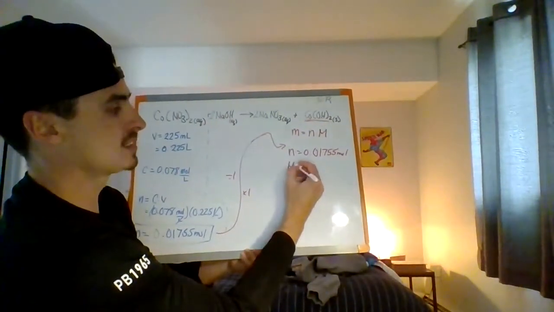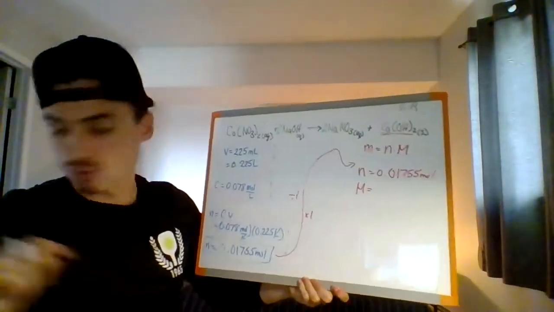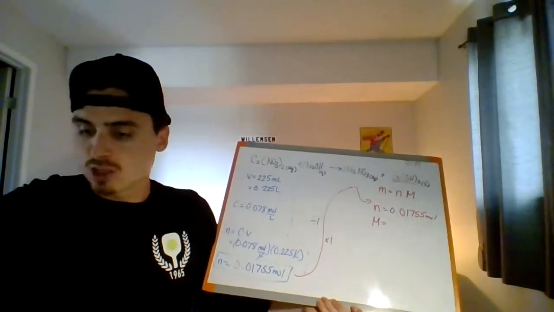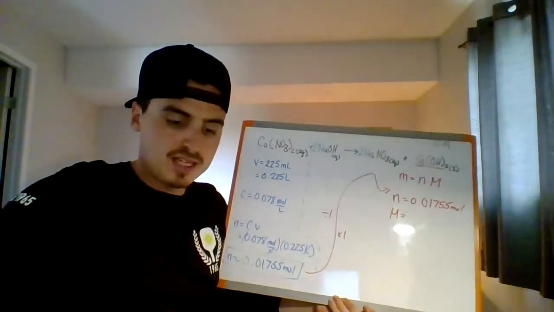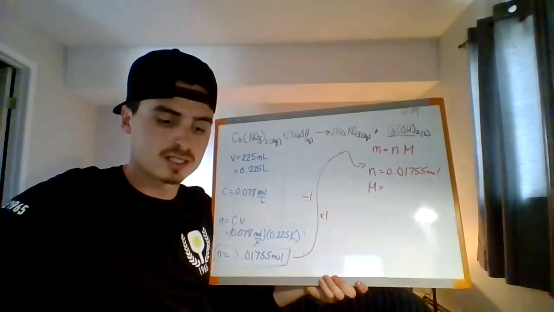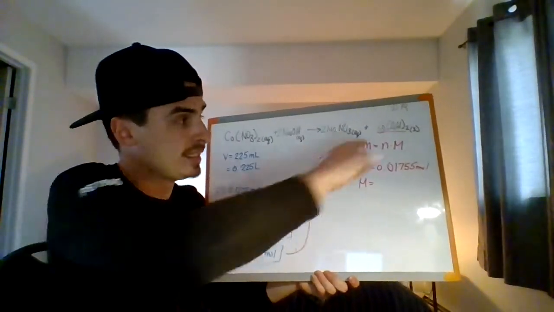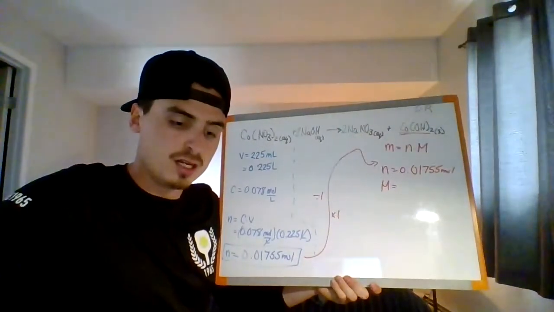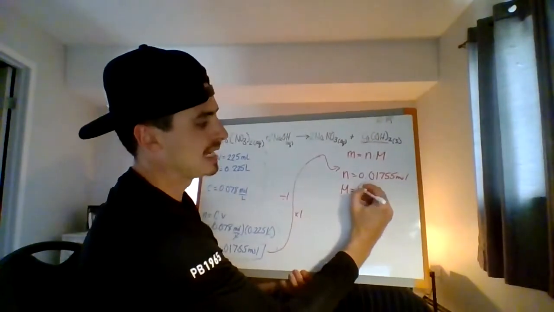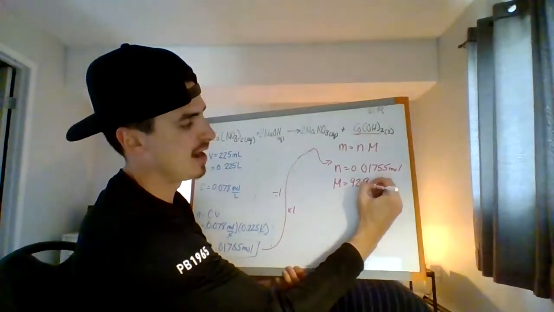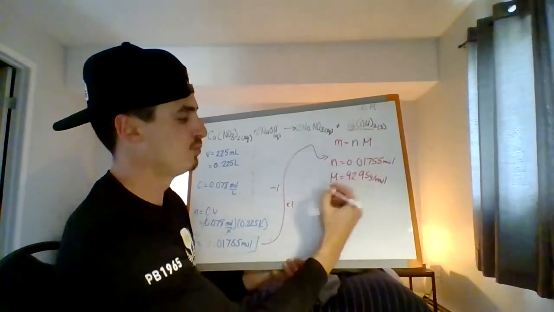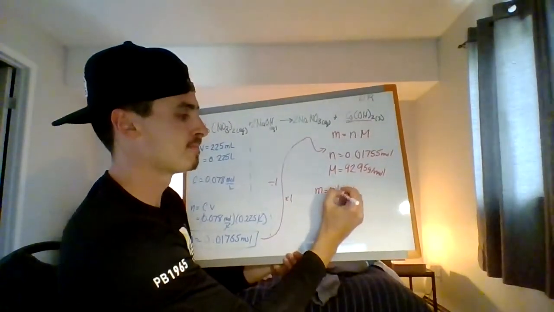The molar mass of cobalt hydroxide is, look in your data booklets for cobalt, 58.93 plus 2 oxygens, so 16 plus 16, plus 2 hydrogens, 1.01 plus 1.01, we get 92.95 grams per mole. I've got moles, molar mass, boom, I can find mass.